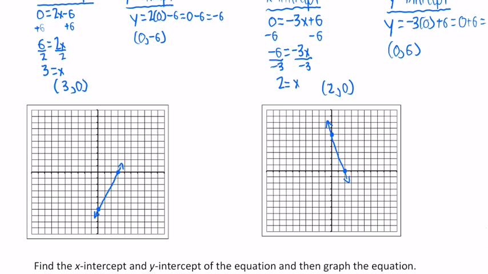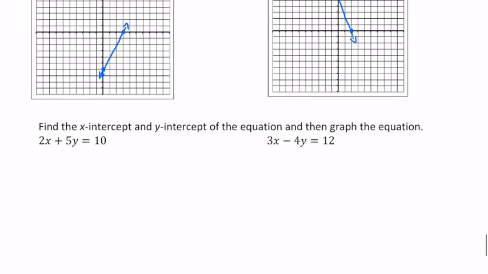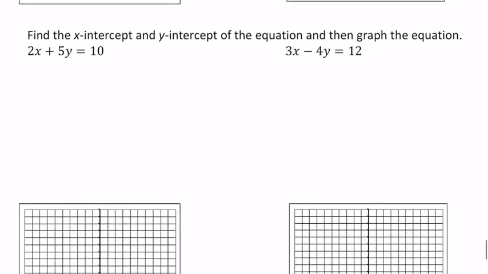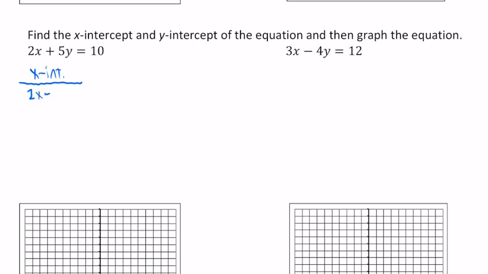Suppose you want to try the same sort of thing, but we have an equation where the variables don't begin on the same side of the equation. The process is generally the same. If we start with the equation 2x plus 5y equals 10, and we want to find the x-intercept for the graph, for x-intercepts, you put in 0 for y. 2x plus 5 times 0 equals 10. 5 times 0 is just 0.